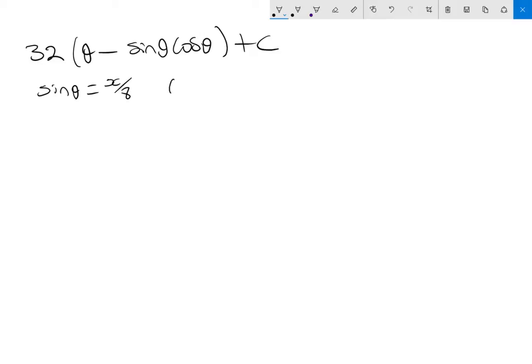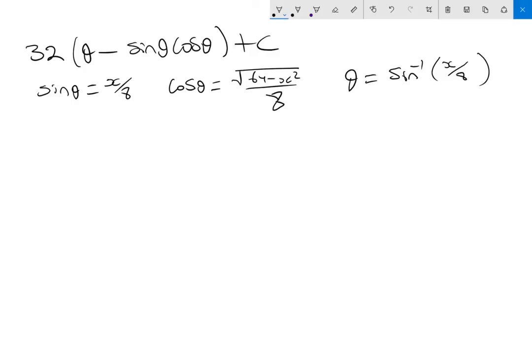This is the original equation, theta minus sine theta cos theta plus c, and we know that sine theta is equal to x over 8, cos theta is equal to root 64 minus x squared over 8, and theta is just equal to sine inverse x over 8.